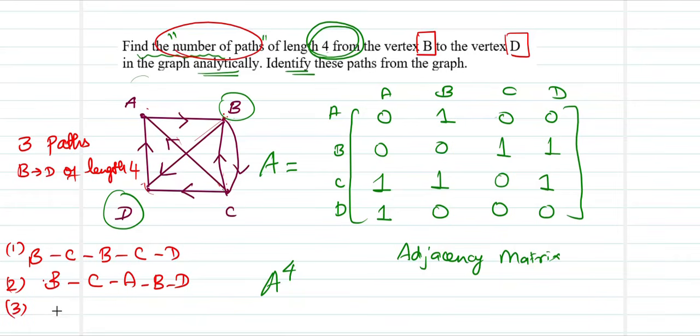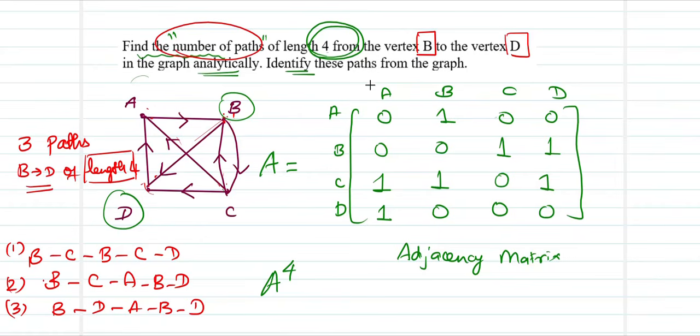Number 3, let me start with B, D, A, B, D. B, D, A, B and again D. So this is also of length 4. This is the maximum quantity I can find, and these are the exact values for the 3 paths of length 4 from B to D.